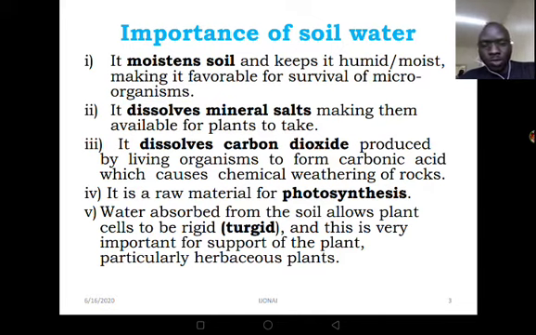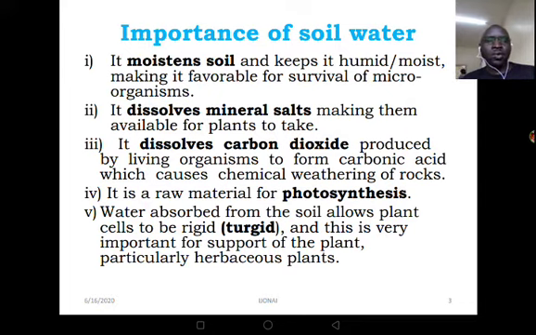And then water absorbed from the soil allows plant cells to be turgid, what we call turgidity. And this is very important for support, especially for non-woody plants, the ones we call the herbaceous plants. These plants depend on turgidity. Examples include the amaranthus species, the dodo that we eat at home.